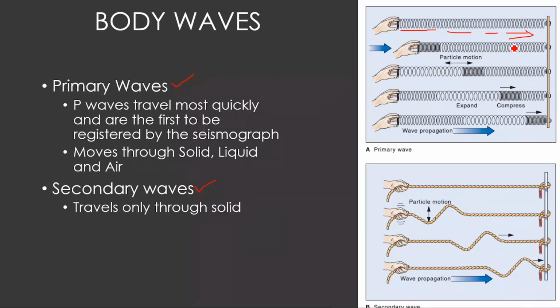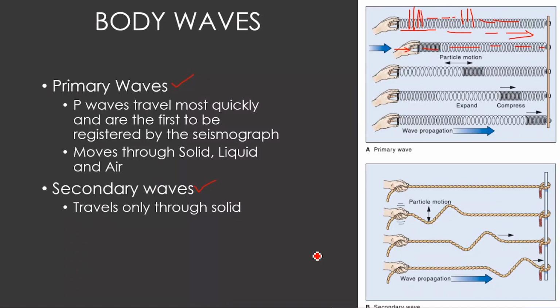You know how sound waves move: there is a compression, then an expansion, then compression, then expansion. Similarly, the primary waves also move like compression and expansion. The movement of the particle in primary waves is parallel to the direction of propagation of the wave.